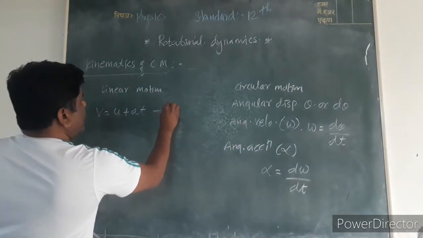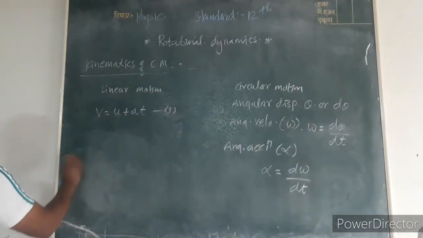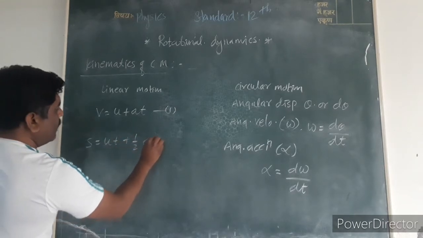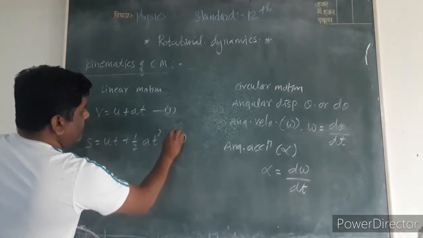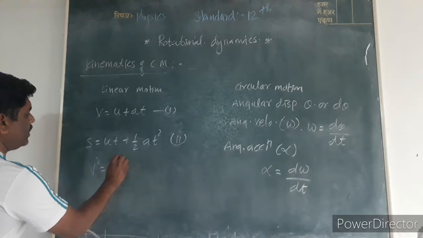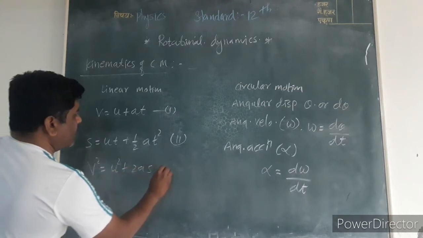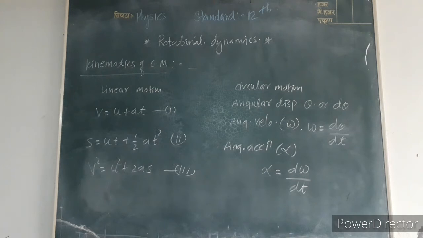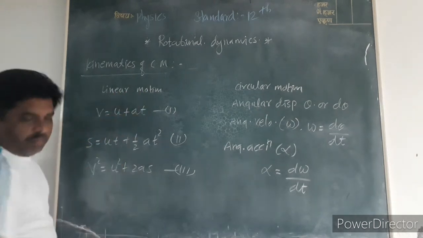This is the first kinematical equation. s is equal to ut plus half at square. This is the second kinematical equation, and v square is equal to u square plus 2as. This is called third kinematical equation in linear motion.